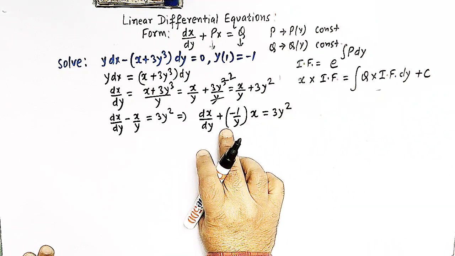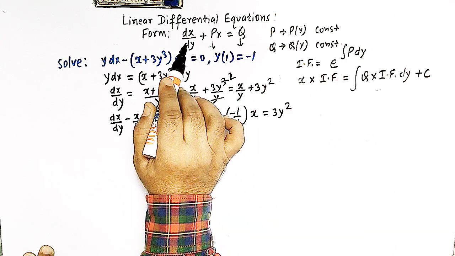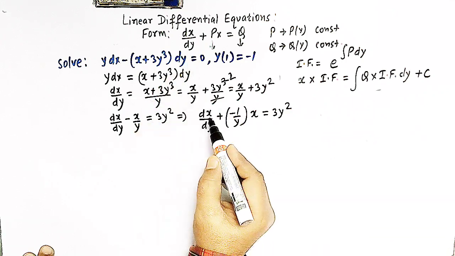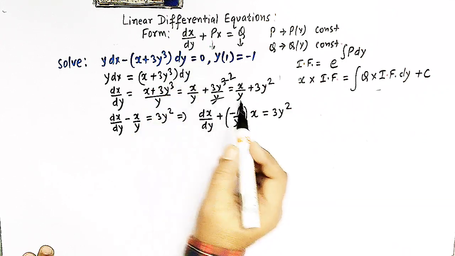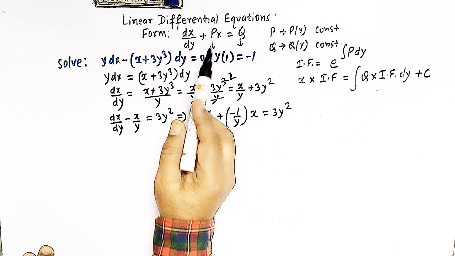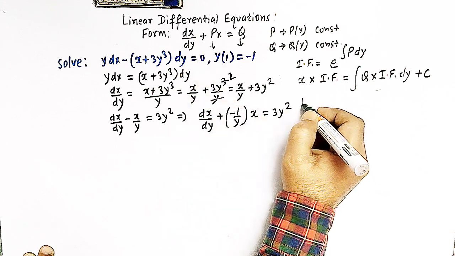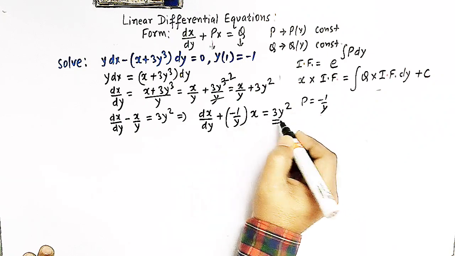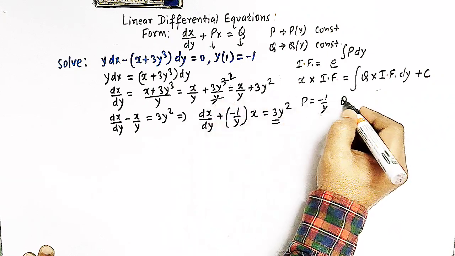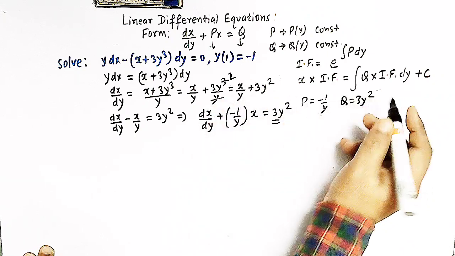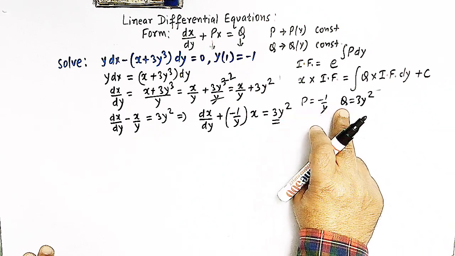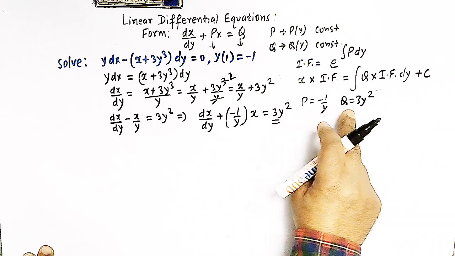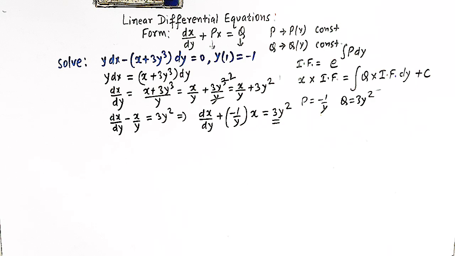Now this equation is of this form: dx over dy plus px equals q. For p, we have minus 1 over y, and for q, we have 3y square. And from p and q, we can easily see that p and q are functions of y.